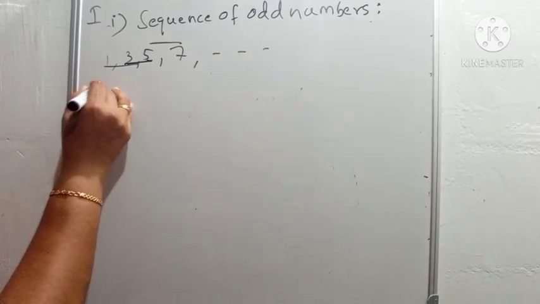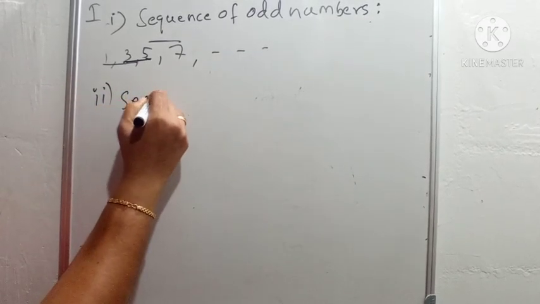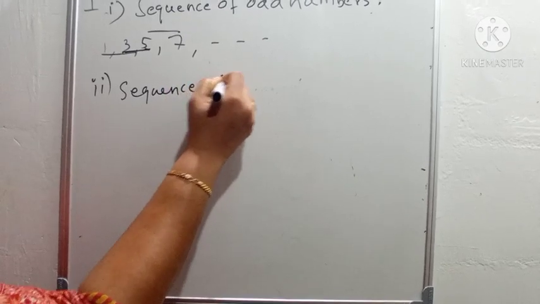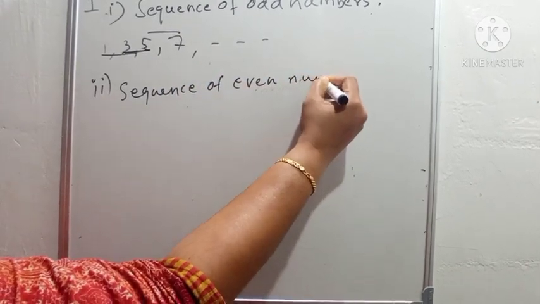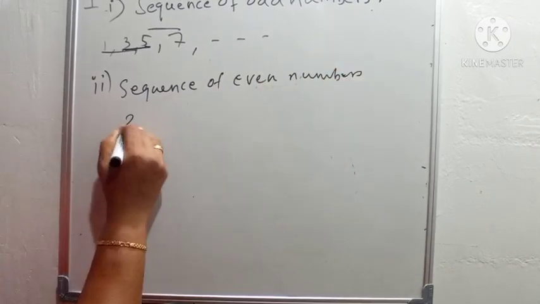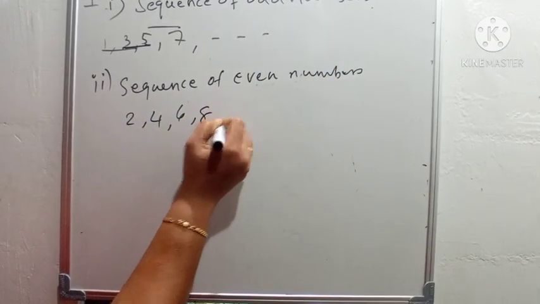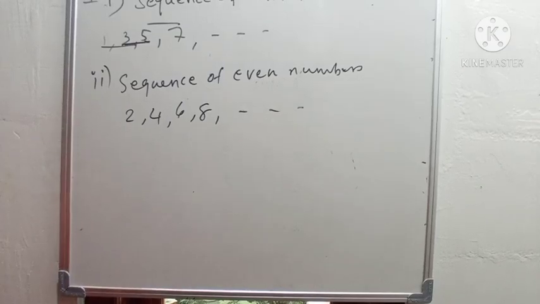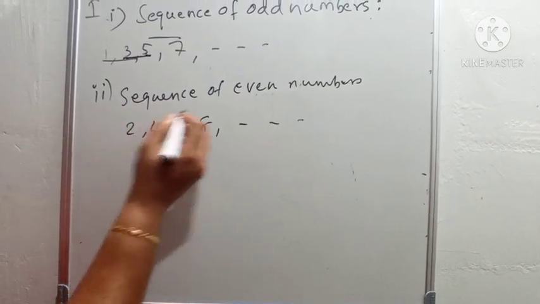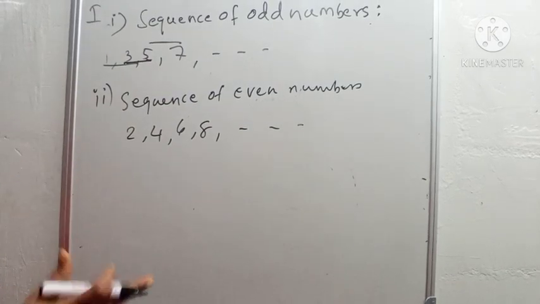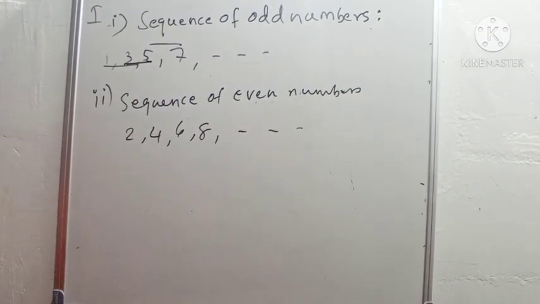Okay. Second question, sequence of even numbers. Which are the numbers? Yes. Sequence of even numbers 2, 4, 6, 8, etc. Yes, this one is also an arithmetic sequence because the difference between any two consecutive terms of this sequence is equal to 2.